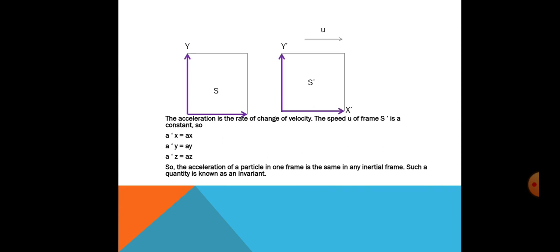So the acceleration of a particle in one frame is the same in any inertial frame. That means any parameter which is the same in two frames is known as invariant. So there won't be any variation from one frame to another frame.